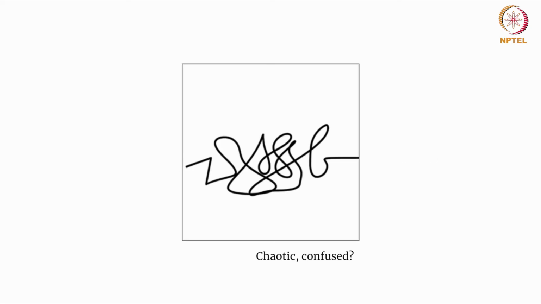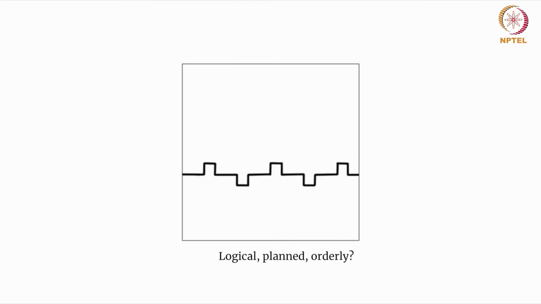They can be used to suggest flexibility or connection between elements that are distant from each other. Similarly, this kind of arrangement suggests chaos and confusion, and this may suggest logical plan and order.